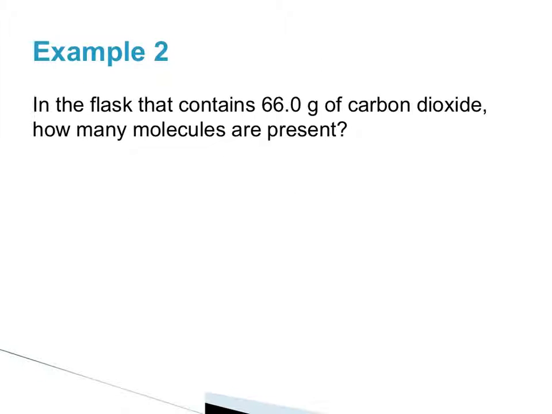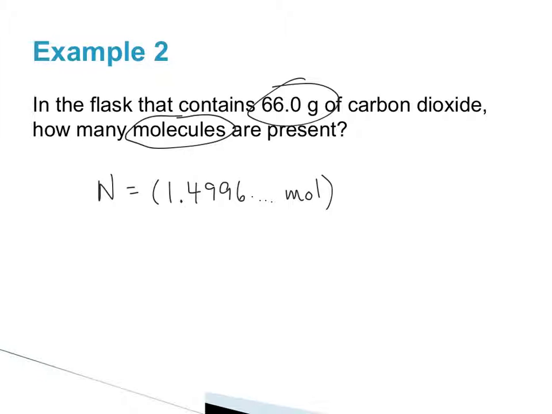We can take this one step further and find the number of molecules present in 66.0 grams of carbon dioxide. So from the previous question, we found that the moles was equal to 1.50 moles. Now if you looked on your calculator, you had more digits than that. It should have displayed something like 1.4996 and kept going.